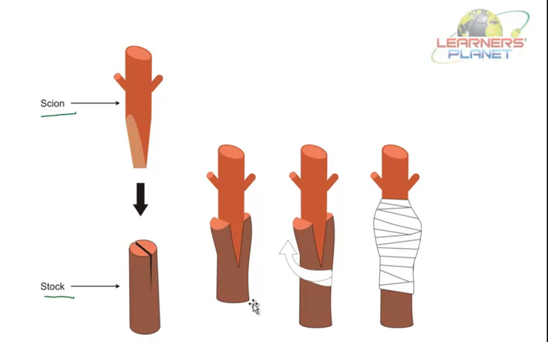So the stalk is obtained by growing a plant from seed and then cutting away the shoot. And the scion is a branch or a bud cut from the cultivated variety with the required characteristics of flower color, fruit quality, etc. Right? Here we have just shown the simple plant part.